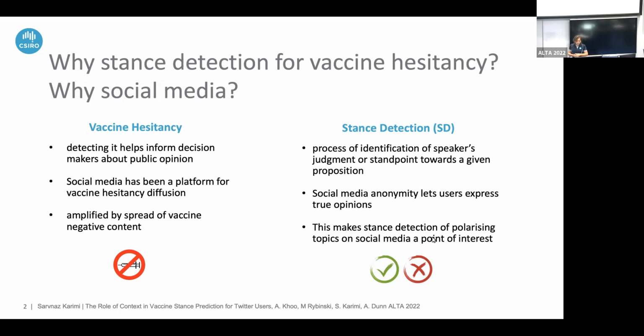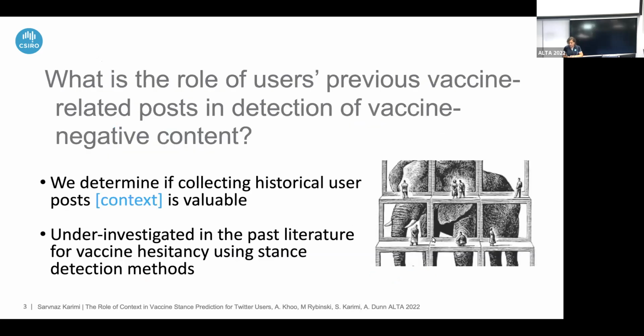So that's the two sides of things that we're looking at in this study. Specifically, we're looking at the role of users' previous vaccine-related posts in detection of vaccine negative content. In other words, we want to know whether collecting historical data from users makes sense and is it useful or not.